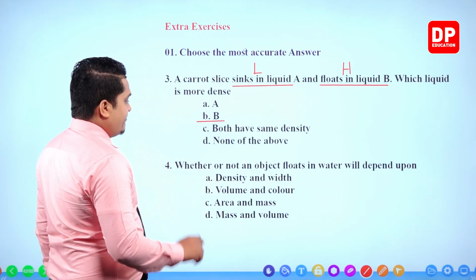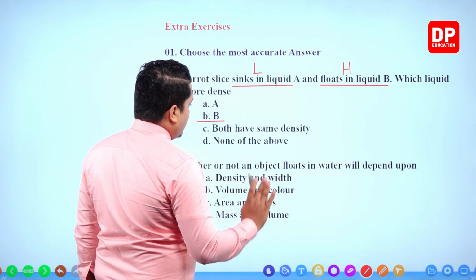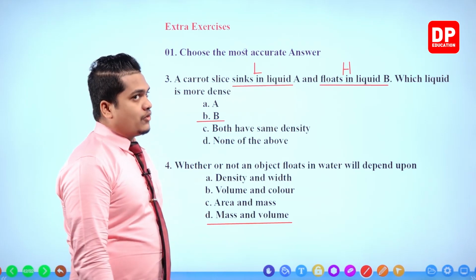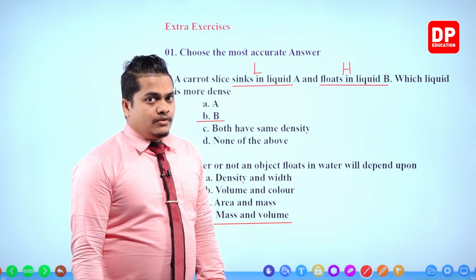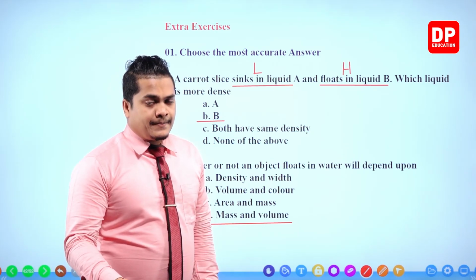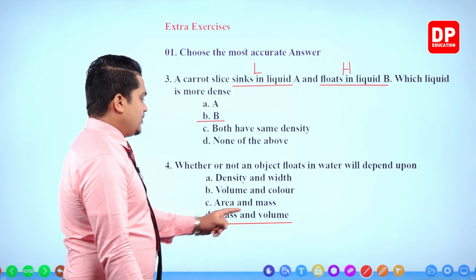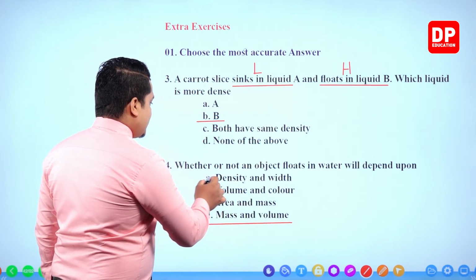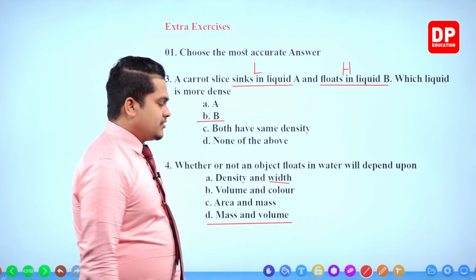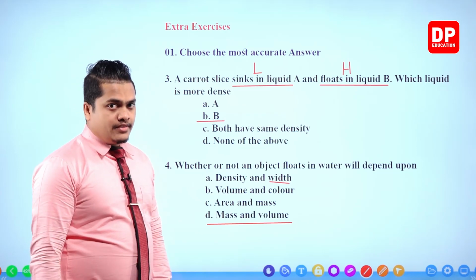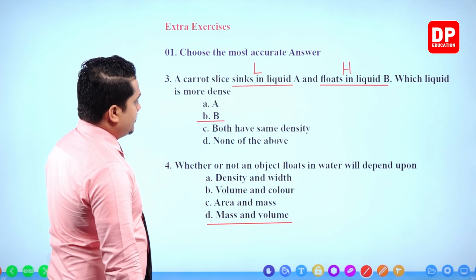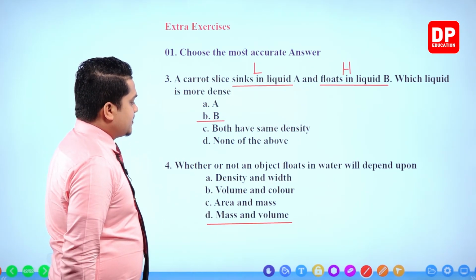So my dear children, whether or not an object floats in water will depend upon the mass and the volume of the substance, right? Mass and the volume, both, okay? Because sinking or floating depends on the density. Density depends on mass and volume. Here the first one is incorrect as it is given as the width. Width is not relevant, right? So the correct answer would be mass and the volume. Right. Then this is the answer. D is the answer for question number 4.